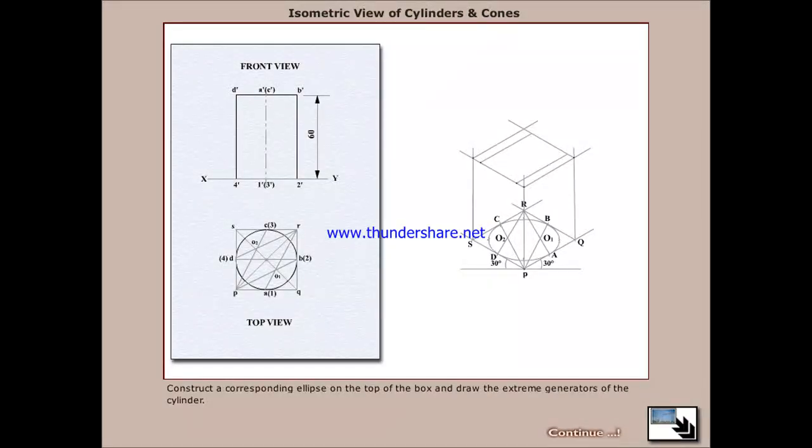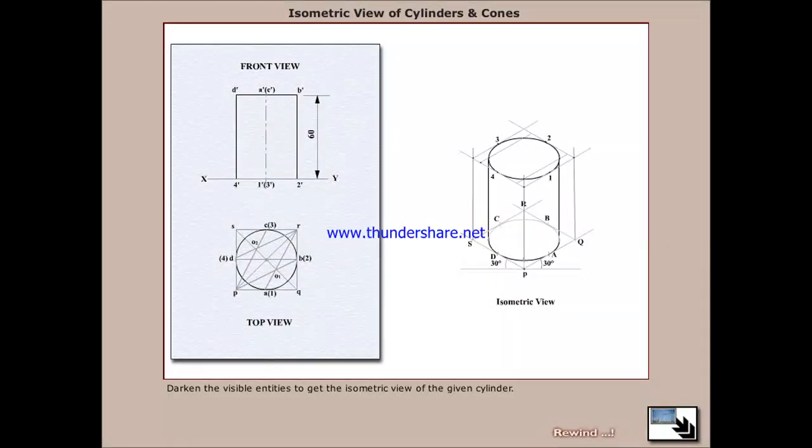Construct the corresponding ellipse on top of the box and draw the extreme generators of the cylinder. Darken the visible entities to get the isometric view of the given cylinder, which is the required isometric view.